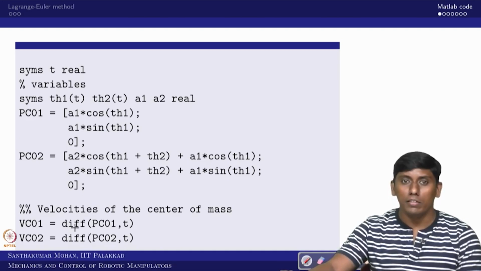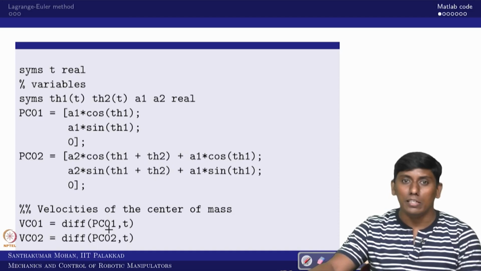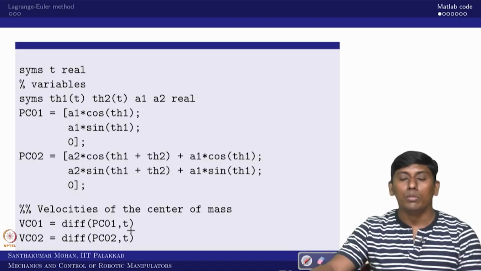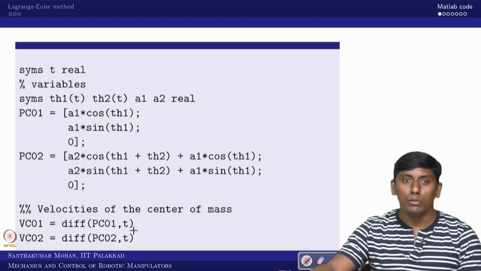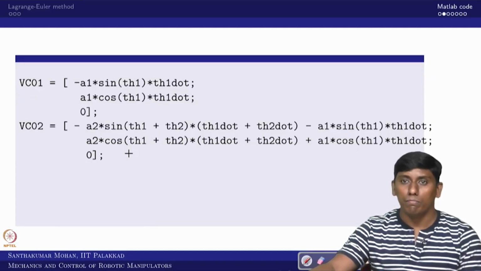I am doing the time differentiation using the diff command in Matlab. PC1 comma time, in the sense I am taking time as the variable, so I am differentiating PC01 with respect to time. VC01 and VC02 will give the velocity values, which I am rewriting in terms of theta 1 dot and theta 2 dot.